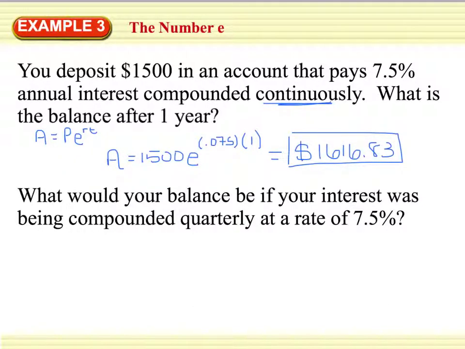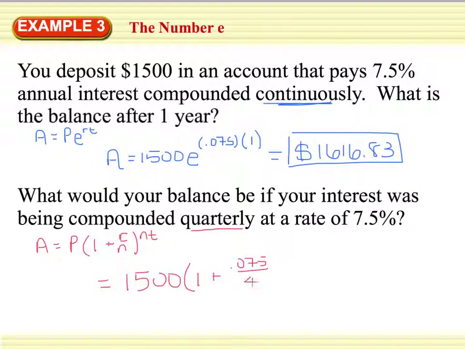Now, just for comparison, it says, what would your balance be if your interest was being compounded quarterly at a rate of 7.5%? So here we're going to use A equals P times (1 plus R divided by N) to the power of NT, which means I have 1,500 times (1 plus 0.075.